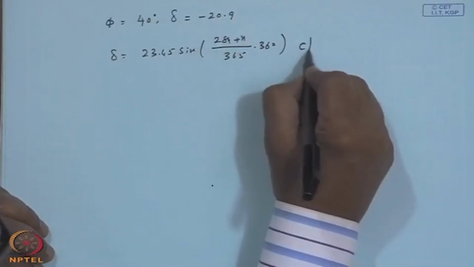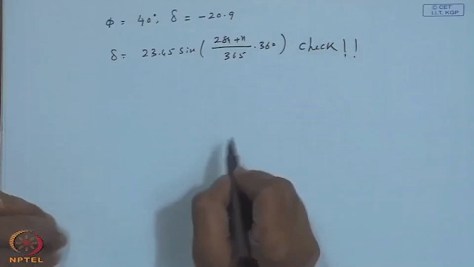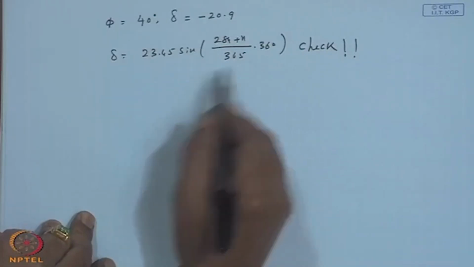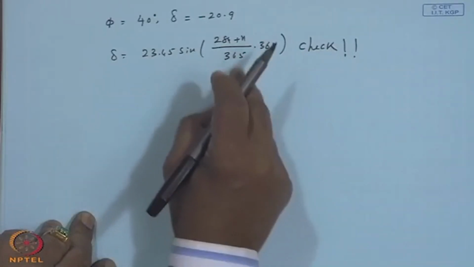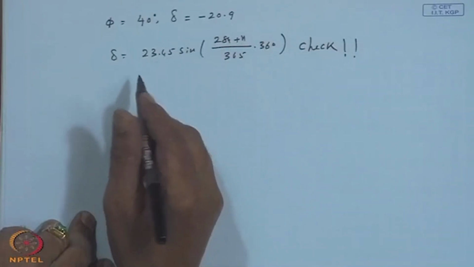Check. So, declination for January 15 is minus 20.9. You can plug it in this. If this formula is slightly wrong, you can correct it. I think it is okay, right.